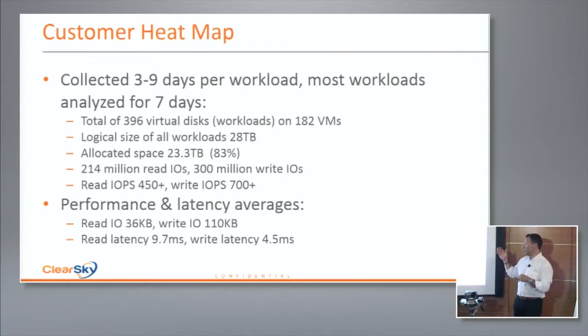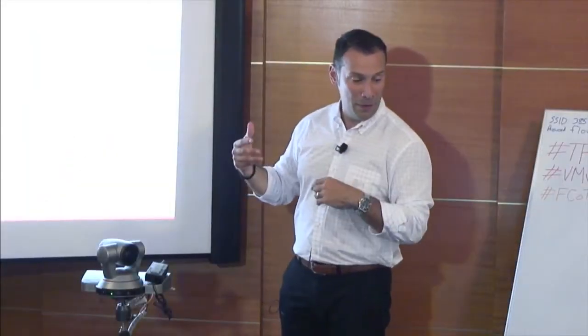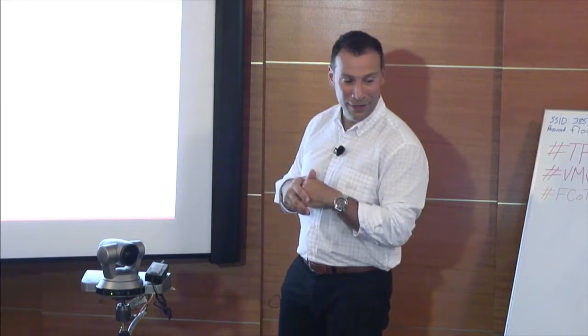We went through a very large number of VMs, a whole bunch of very active workloads. And what we wanted to see is how we could cache and tier this data and still provide a level of performance that would be enterprise class. So why don't we just go in and take a look at this.